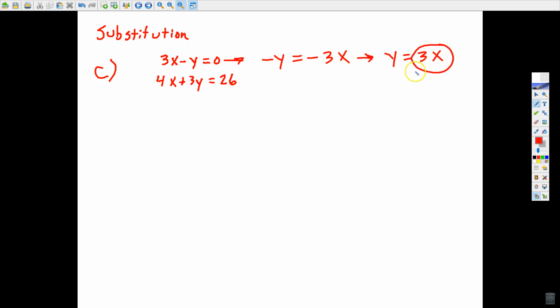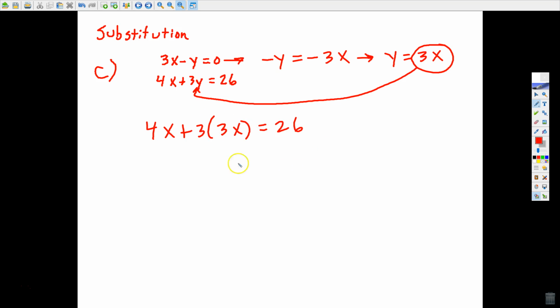And now replace that variable in the other equation. We're going to put 3x in for y in the bottom equation. 4x plus 3 times 3x is 26. 13x is 26. X is 2.